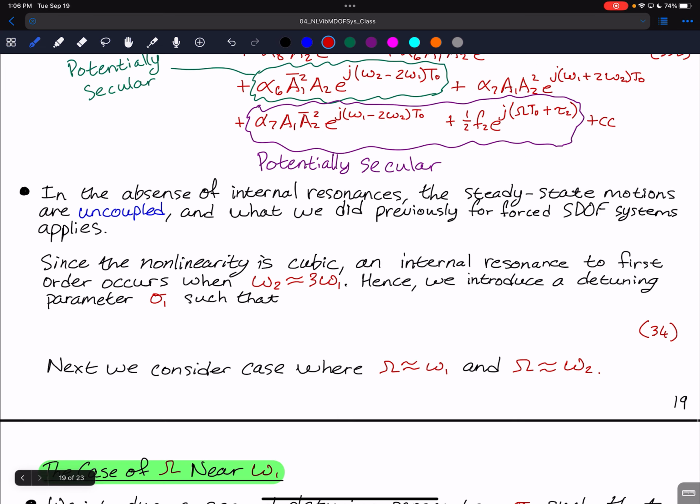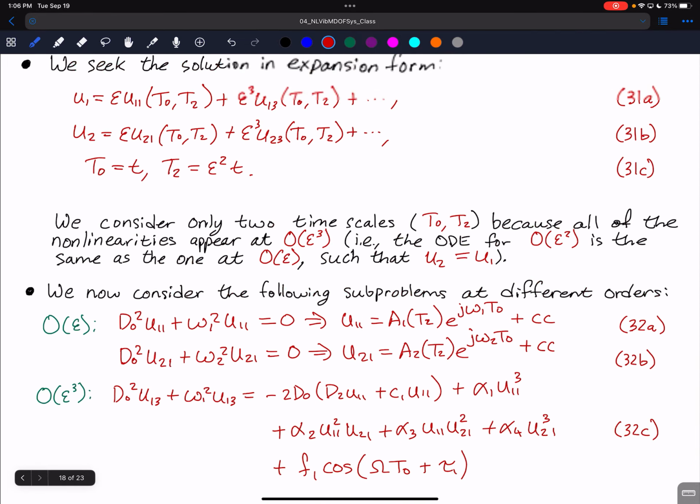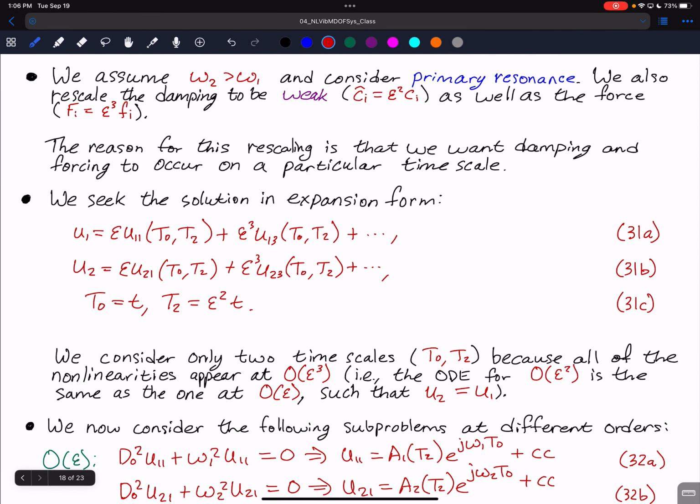We're going to say here that omega 2 is equal to 3 omega 1 plus epsilon squared sigma 1. Put epsilon squared in there so that we'll end up with T2 rather than T1, because in our expansion, we expanded to T0, we skipped T1, and we included T2.